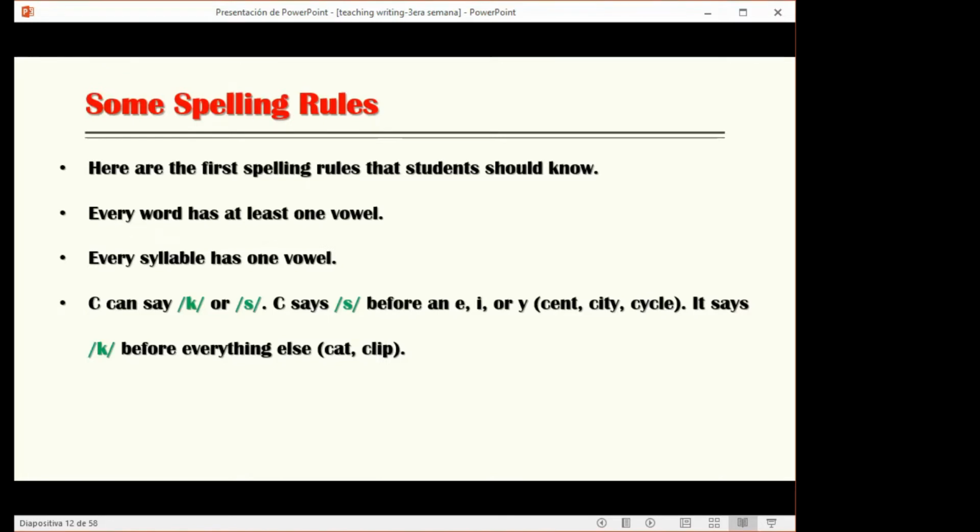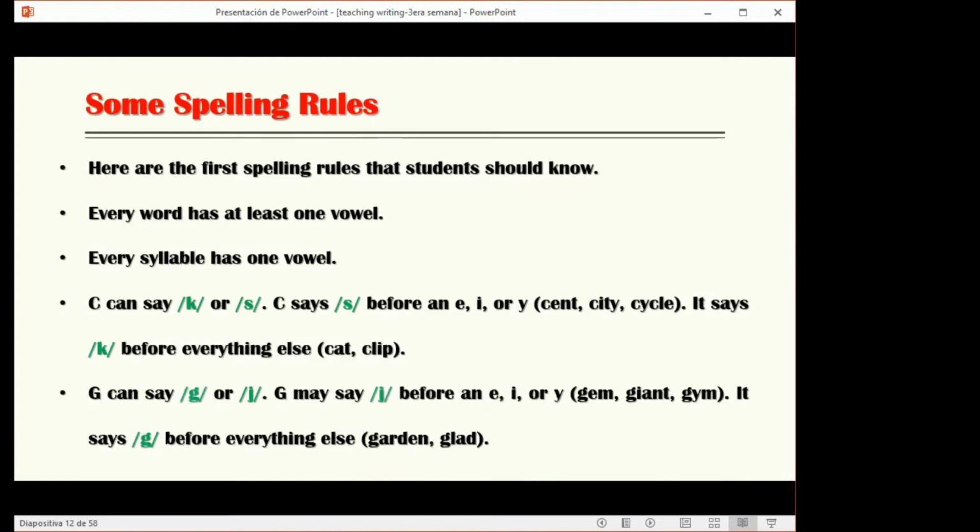If it is before an E, I, or Y, you pronounce it with the sound S: sent, city, cycle. It says K before everything else. For example, cat, clip. Notice this general spelling rule, and it's related to the pronunciation. Another one.